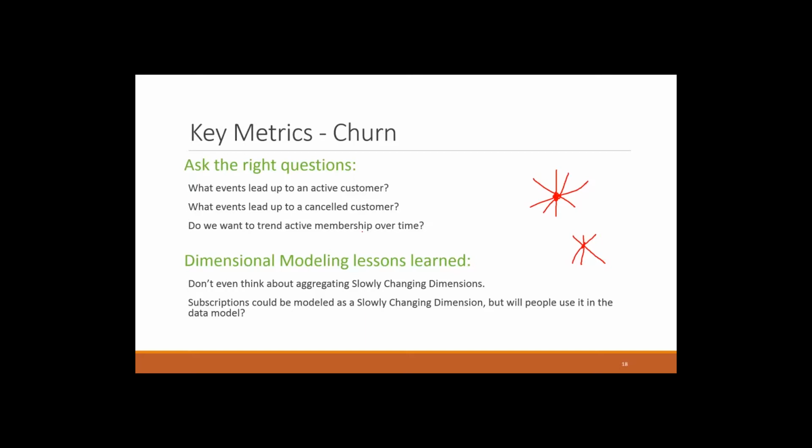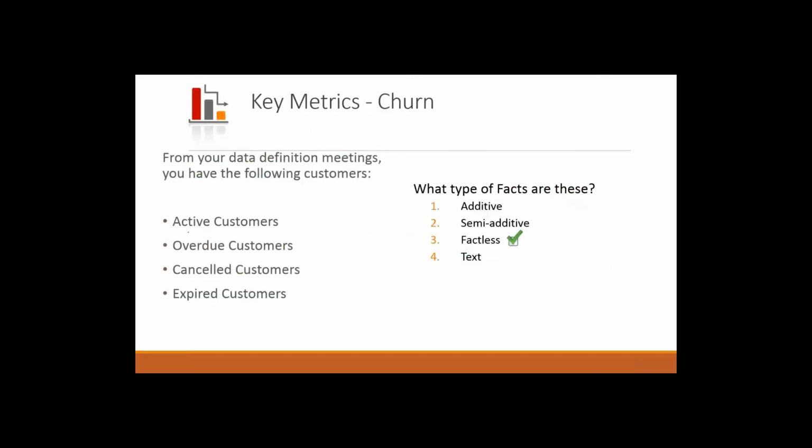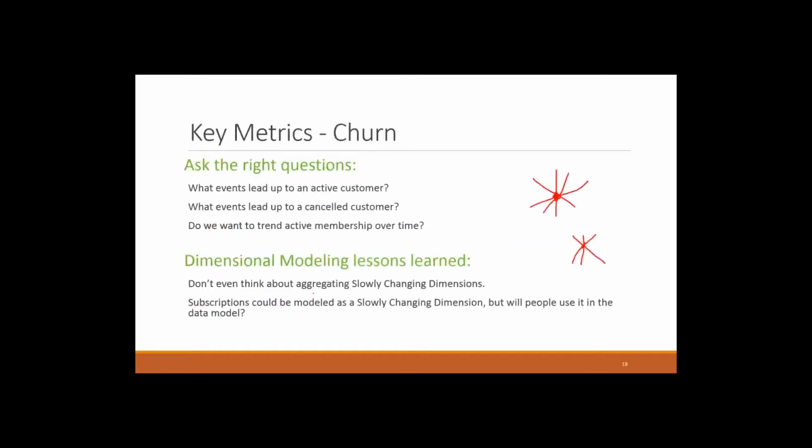I really needed to just know, going back to my customers, which ones were active in the source query for that, which ones were overdue in my source query for that, canceled, expired, and the source queries related to those classifications of customers. So, yeah, subscriptions could be modeled as a slowly changing dimension. But will people use it in the data model?